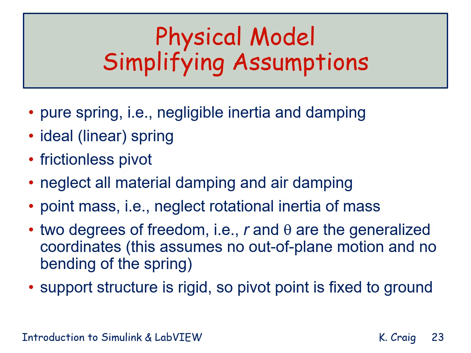And lastly, the support structure is rigid. So the pivot point, the revolute joint, is fixed to ground. These are our simplifying assumptions, and our comparison of measurements with predictions will then verify whether these assumptions are valid and can be used for further analysis and further insight.